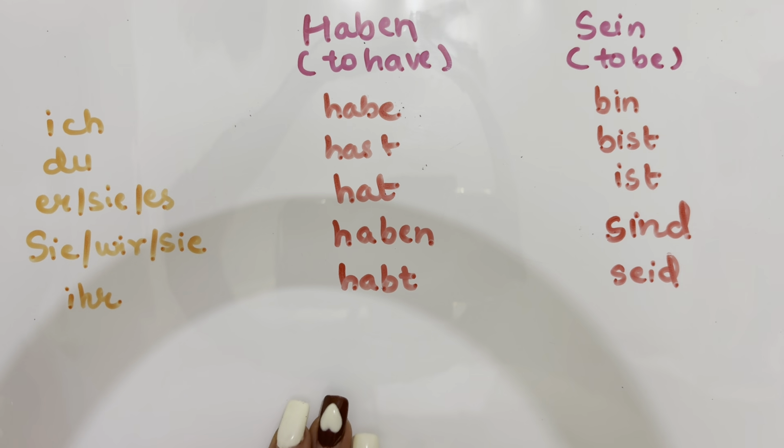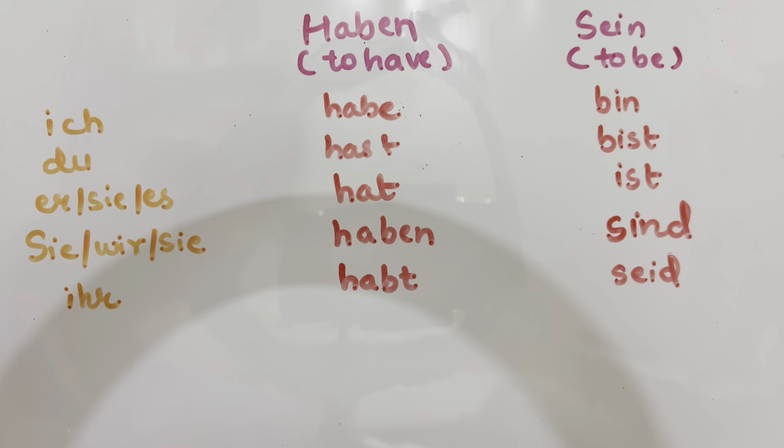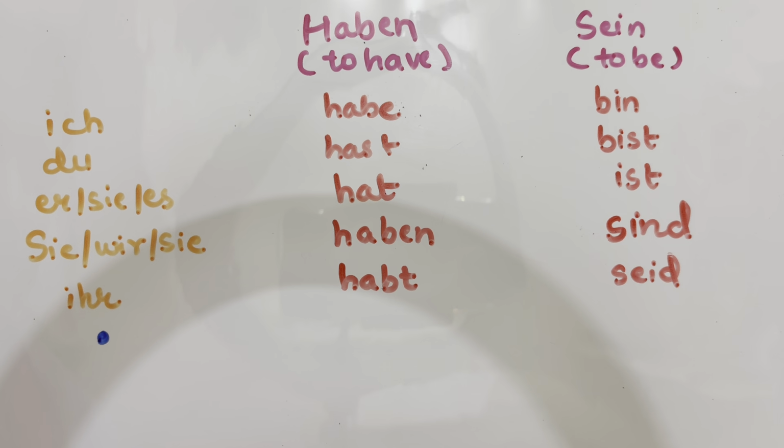But I promise you that as we go on, it will get easier because you will see a pattern. There is no pattern here, but in the next set of verbs, there is going to be a pattern. So let us learn a few words, a few sentences from these verbs.